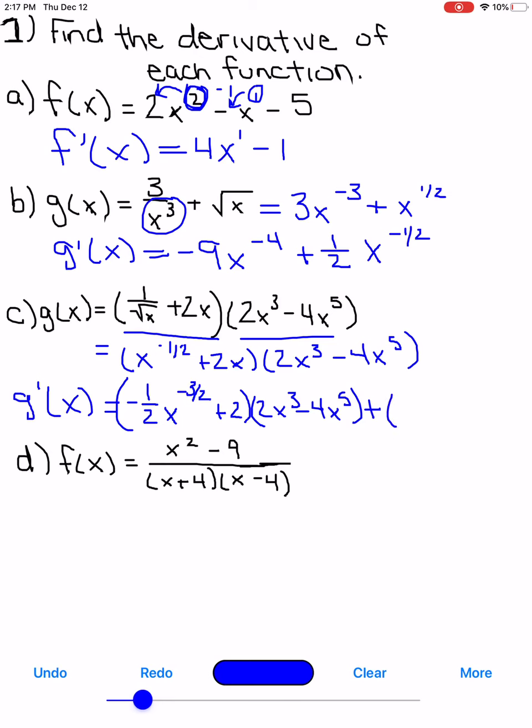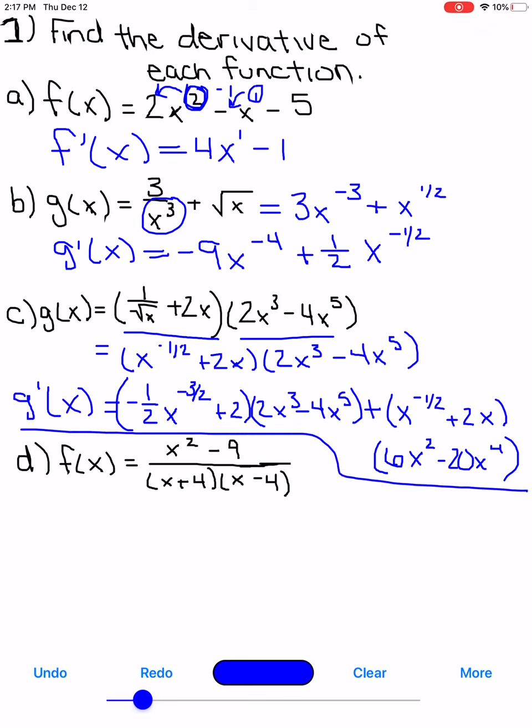So we just rewrite the first, so we'll have x to the negative 1/2 plus 2x. And I'm running out of room, so I'll just write it below, but we're multiplying it by, just like we did with the first half of this, the derivative of the second, which is 6x squared minus 20x to the fourth. And that'll be your final answer.